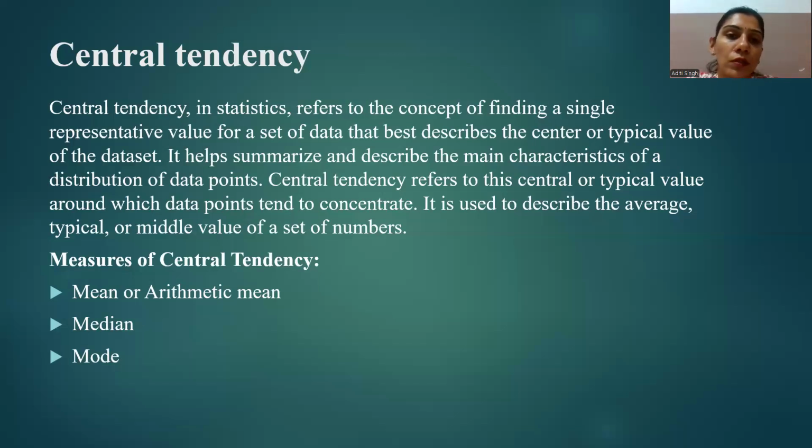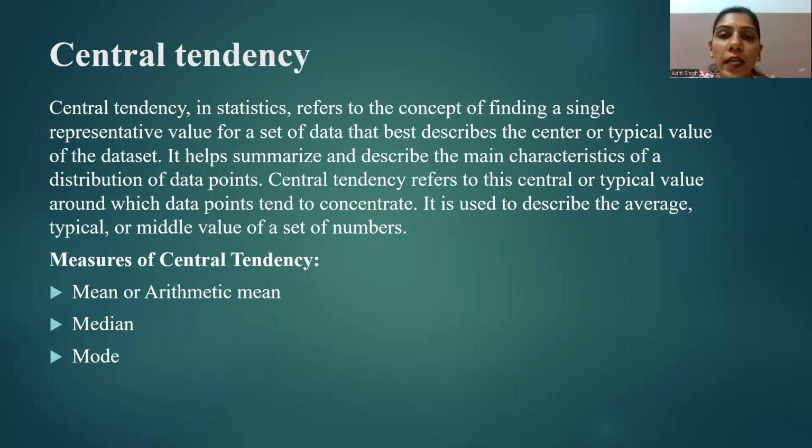Let me tell you the definition of central tendency. The definition says that central tendency is a statistical measure which represents the single value of the entire distribution or a data set.